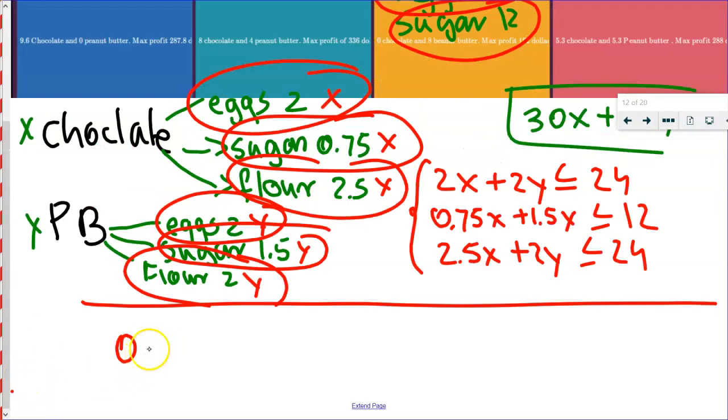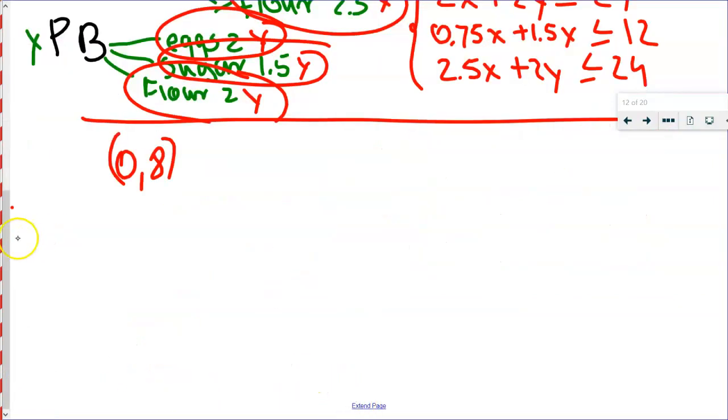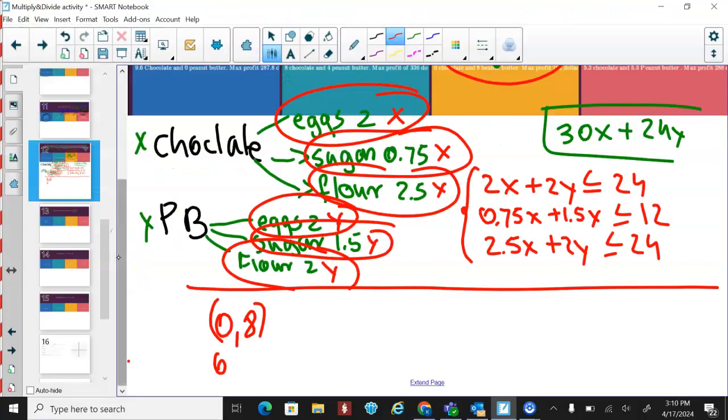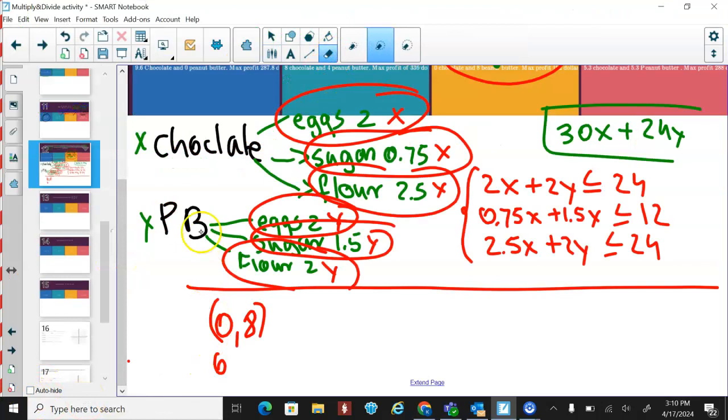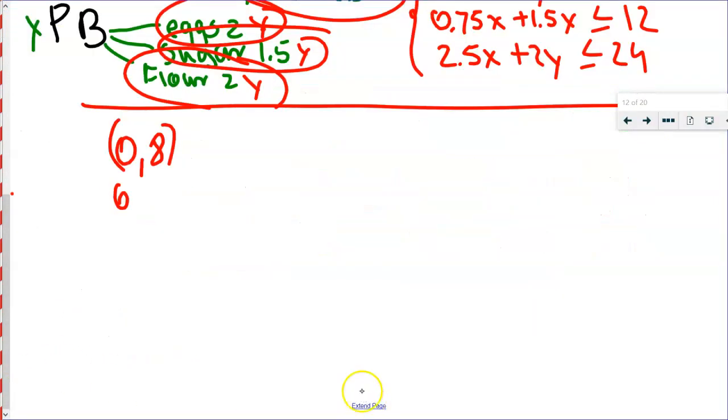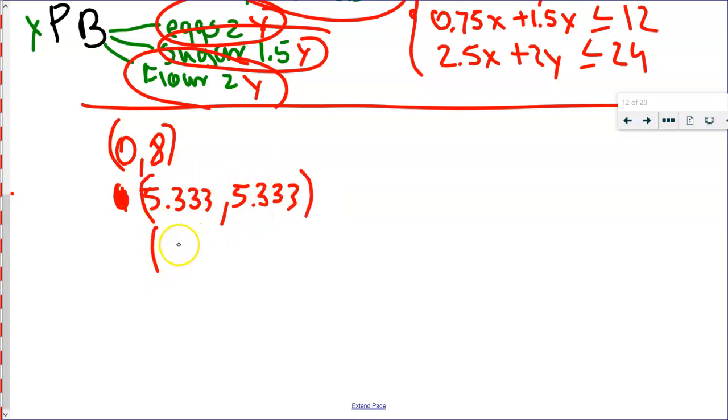So my vertices were 0, 8. Then 5.333, 5.333, and then the last point was 9.6 and 0.